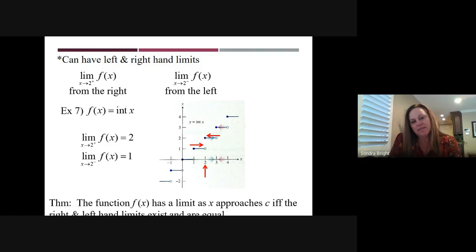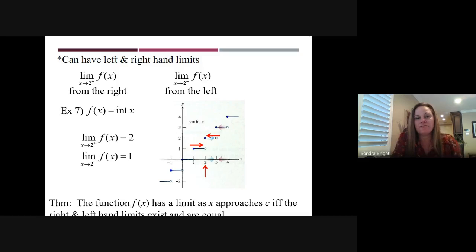We have a theorem that states that the function f of x has a limit as x approaches c if and only if the right and left-hand limits exist and are equal. So when it says the function has a limit, it means the limit exists, as long as coming from the left and from the right they exist and have the same value.